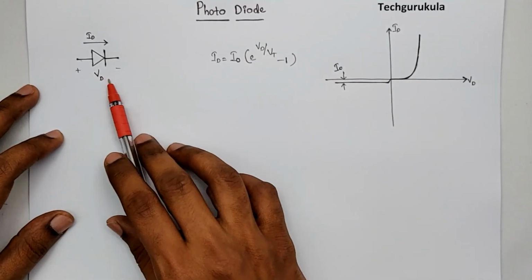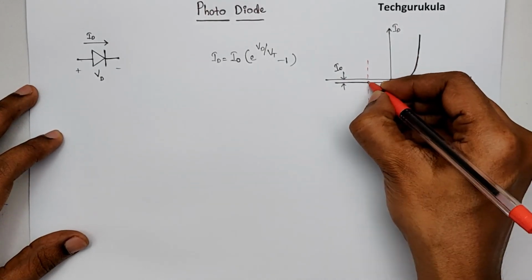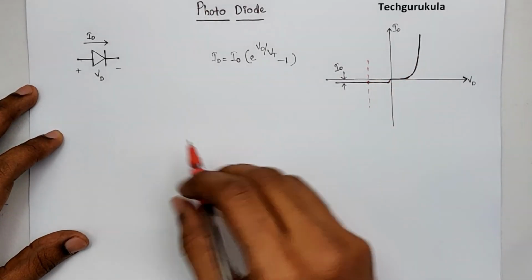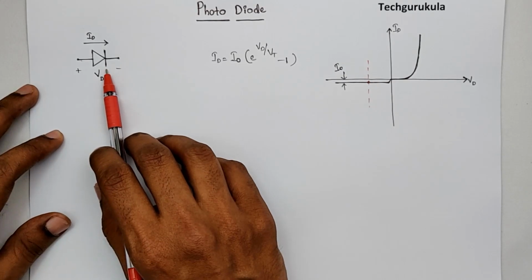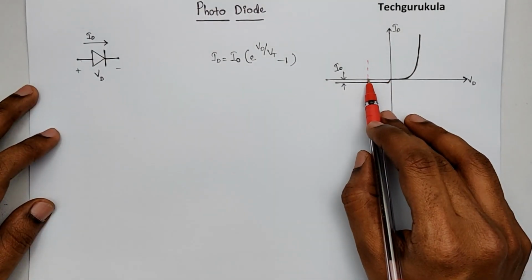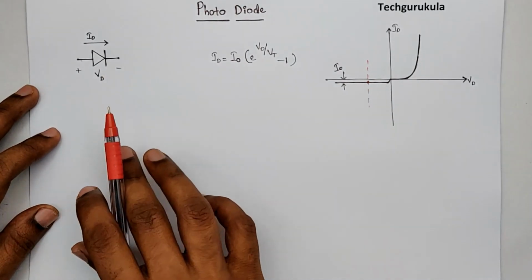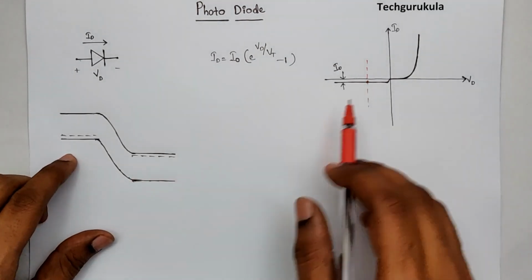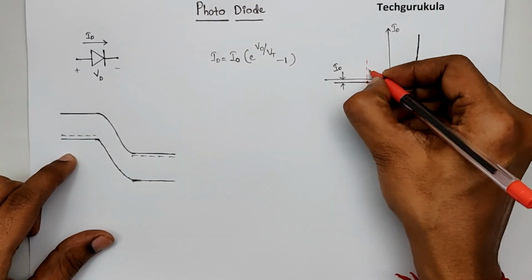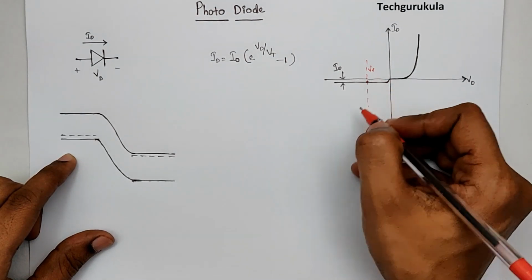Now we want to take this diode, operating at a particular voltage, and incident light onto this PN junction diode and see what happens. As we are assuming some potential applied in reverse bias, let's see how the energy band diagram would look to start with. Let's say the potential applied here is VR, which means VD is equal to minus VR.